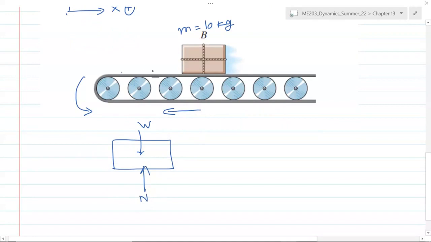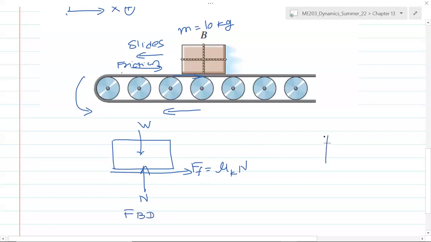Now when the conveyor belt stops and the block slides in the left direction, the friction acts in the opposite direction between the conveyor and the block. This is where the friction acts. We draw this as friction force Ff, which is mu times N. That completes our free body diagram.